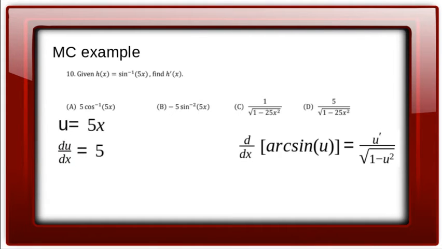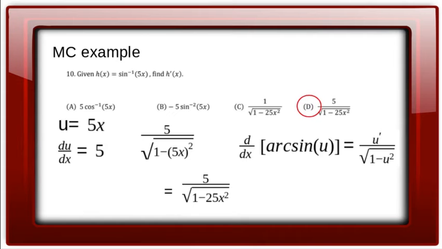With that, we have u equals 5x and du over dx equals 5. We then plug that into the general formula, and we have 5 over the square root of 1 minus 5x squared, which comes out to 5 over the square root of 1 minus 25x squared, which gives us D.